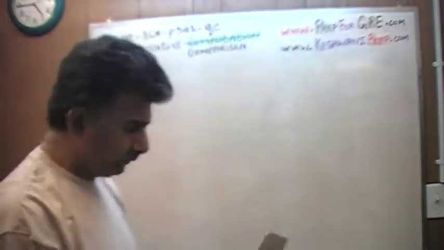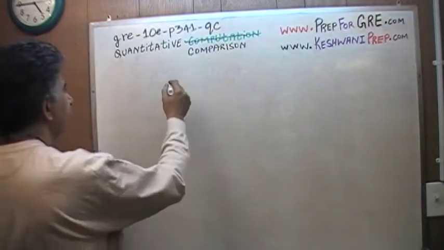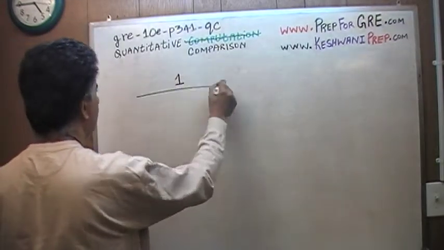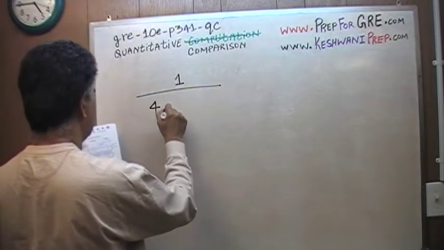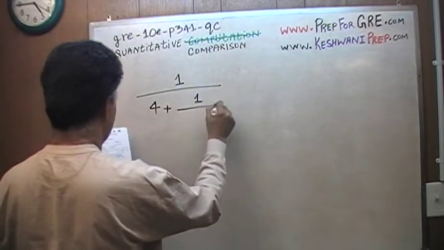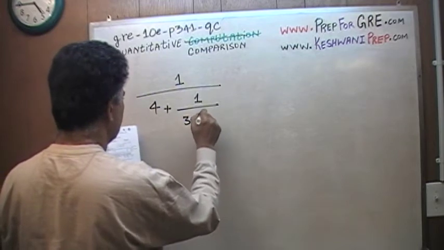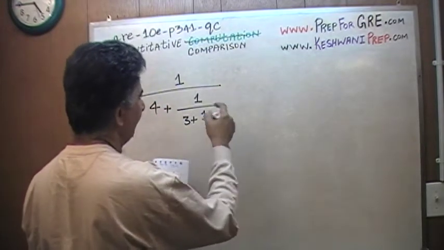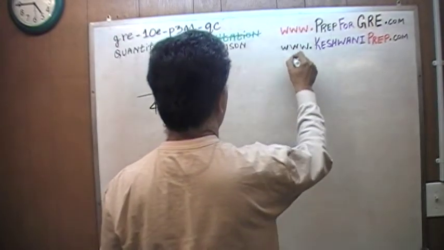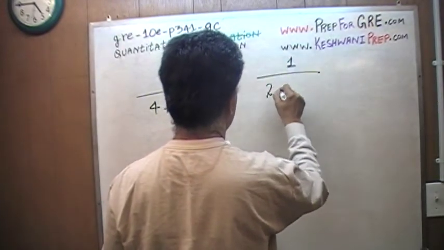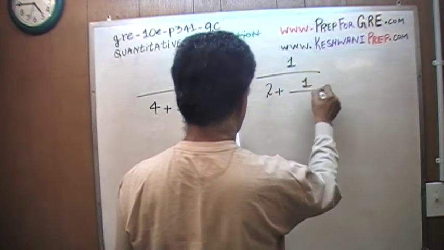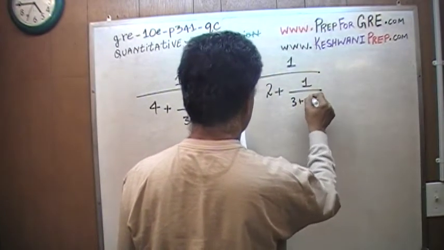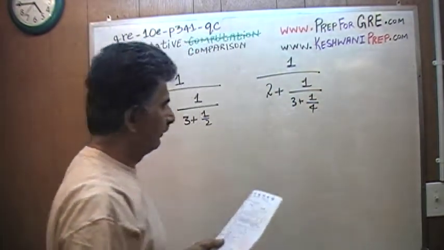It's an interesting problem. 1 over 4 plus 1 over 3 plus half versus 1 over 2 plus 1 over 3 plus 1 half, 1 and a quarter.